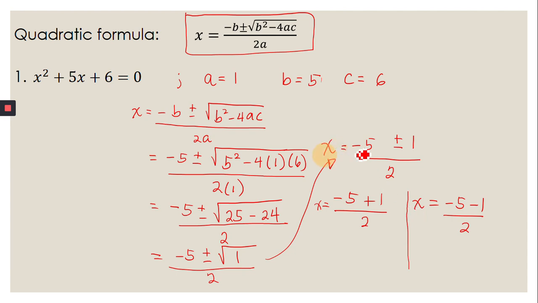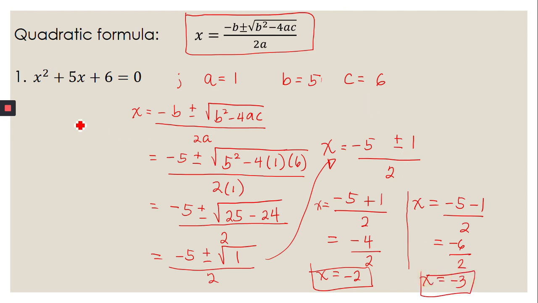Since the 1 is plus and minus, you make one equation for positive 1 and one for negative 1. So negative 5 plus 1 is negative 4 over 2. X is negative 2, because negative 4 divided by 2 is negative 2. Now let's do that also with the other equation. That will be negative 5 minus 1, which is negative 6, over 2. Negative 6 divided by 2 is negative 3.